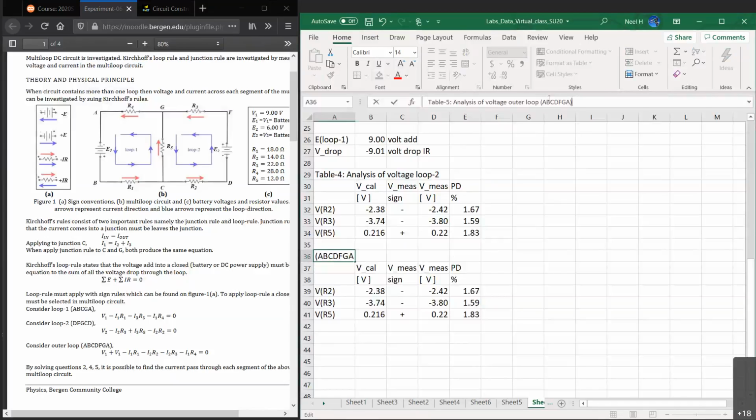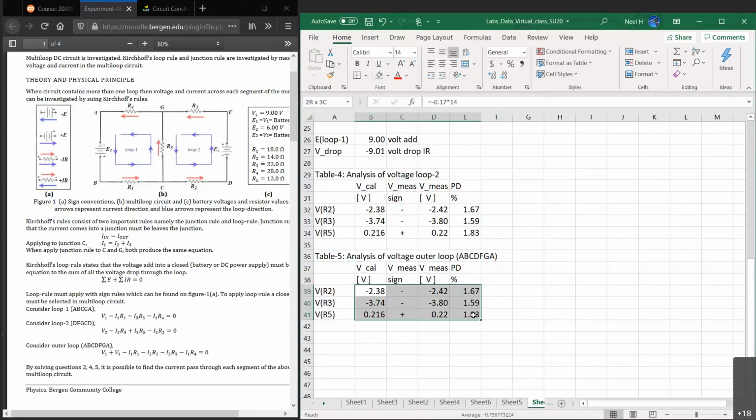That's the outer loop. Make sense? Everyone okay with that? Let's delete these values. Now I need voltage across R1, voltage across R2, voltage across R3, and then voltage across R4. Good, everybody okay? No question?